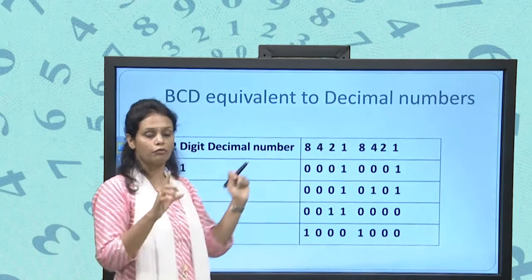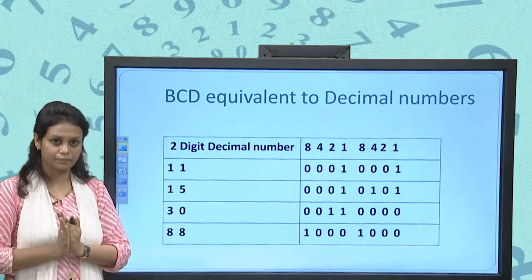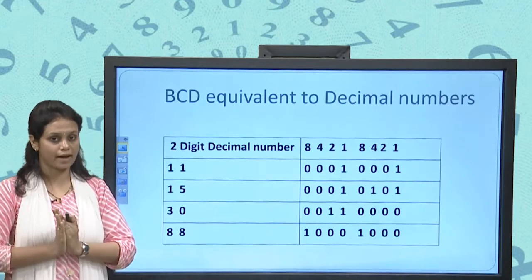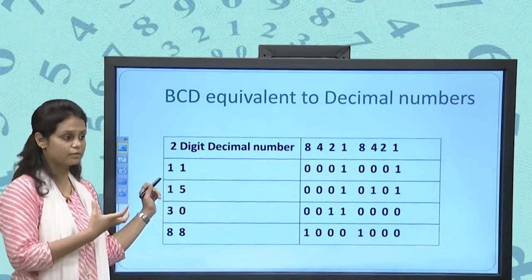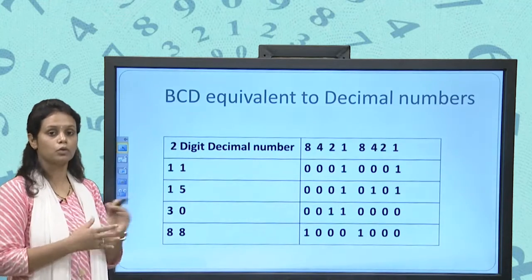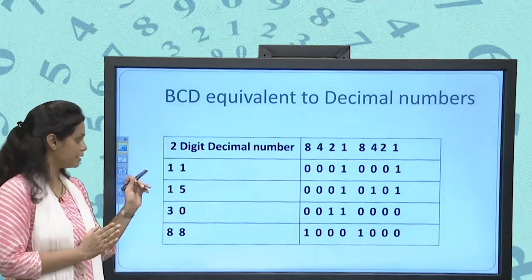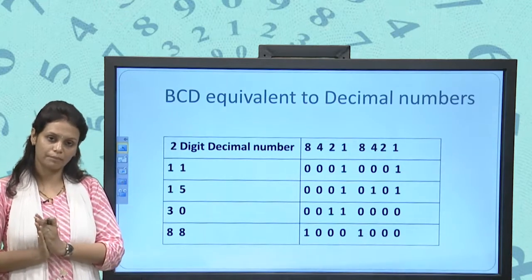So 1, 1, 1, 1 is the binary answer. We have converted decimal number 15 to the binary number 1111.